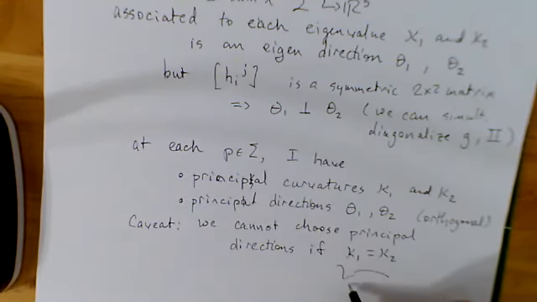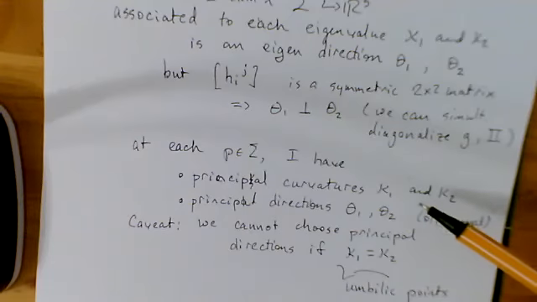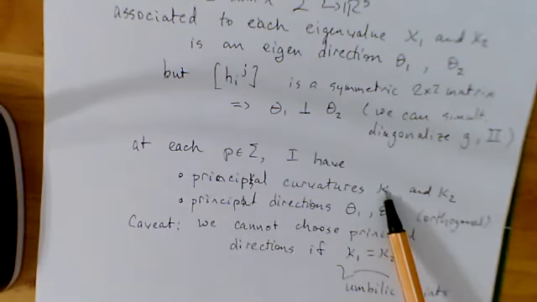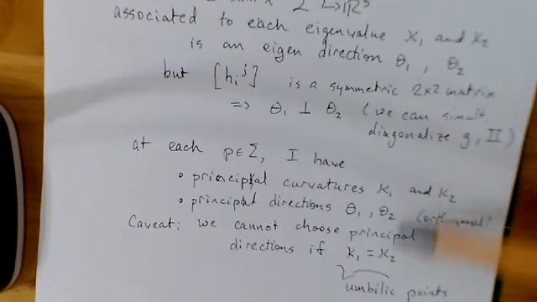These points are called umbilic points. But otherwise, if you have a non-umbilic point, you can simultaneously diagonalize both of these fundamental forms, both of these 2x2 symmetric matrices, and one direction will give you the curvature direction kappa 1, the other direction will give you the curvature direction kappa 2. These two directions will always be orthogonal. So this is something important.